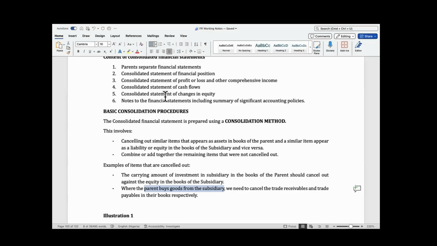So let's then continue with our class. So far, we have been discussing group accounts, and I started with intercorporate investments. This is what gives rise to group accounts.